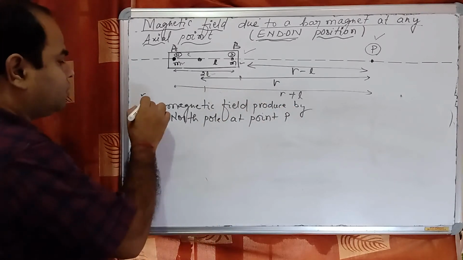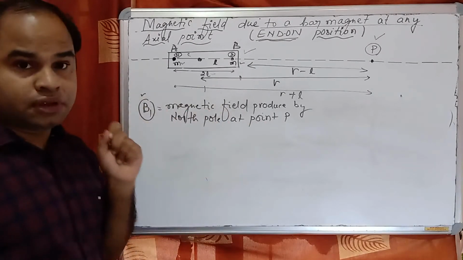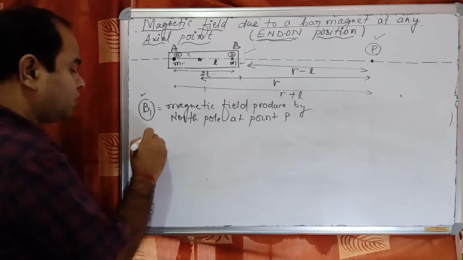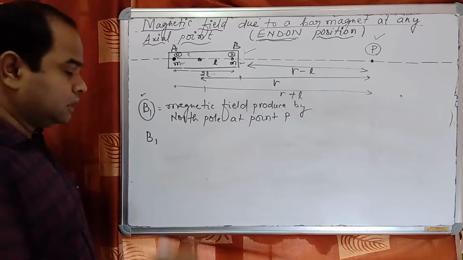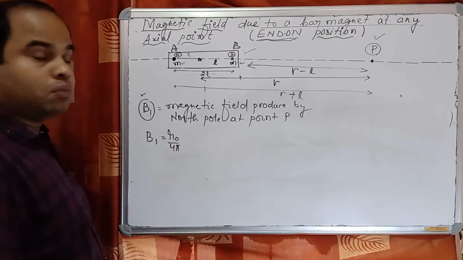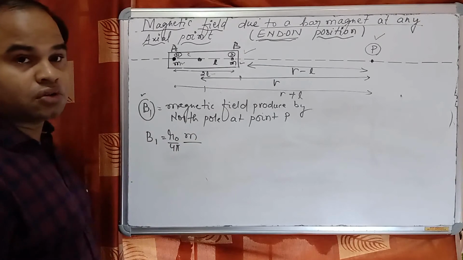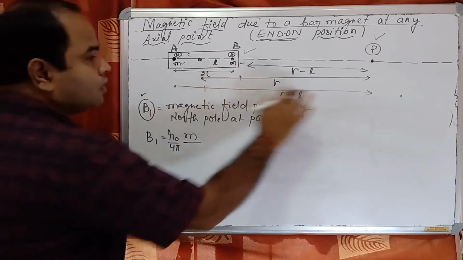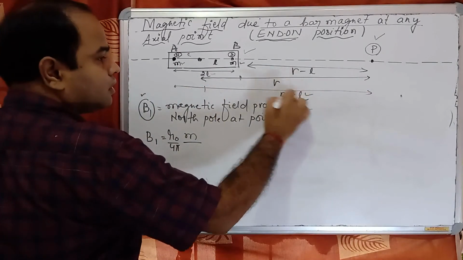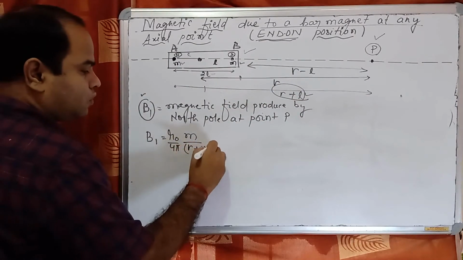Let us say B1 is the magnetic field produced by the north pole at point P. Its magnitude is equal to mu naught by 4 pi, pole strength of the north pole, over the distance of the north pole from the point P, that is r plus l, the whole square.